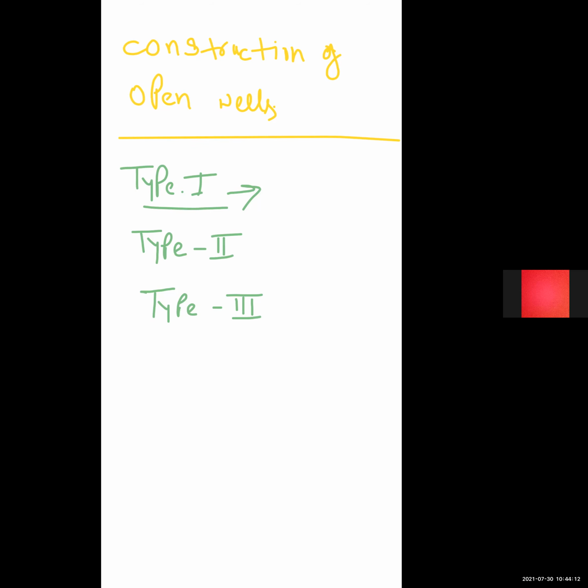As excavation proceeds below the curb, the masonry sinks down. As the masonry sinks down, any tilt may be corrected by adjusting the load or by removing the soil from or below the curb, which may be causing the tilt.